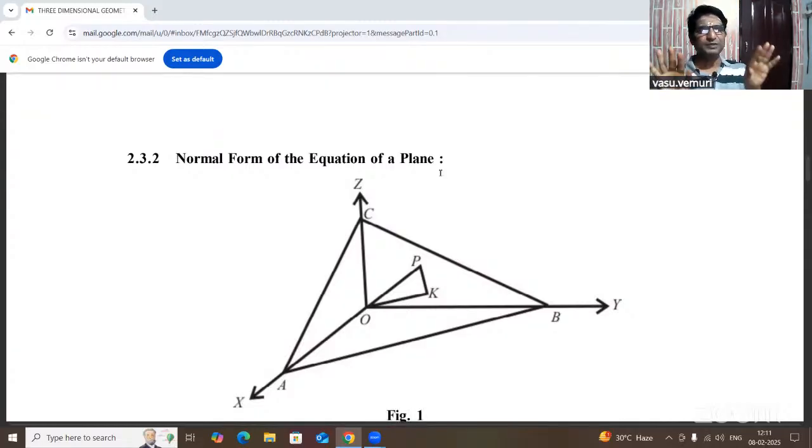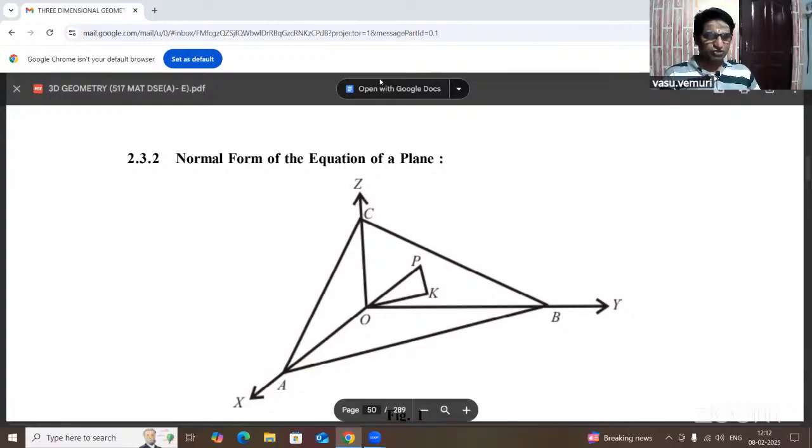Three dimensions is very simple: the X, Y, Z axes. Over the three dimensions, we explain the concept of a line, plane, sphere, circle, cone, cylinder, paraboloid, ellipsoid, whatever it is.